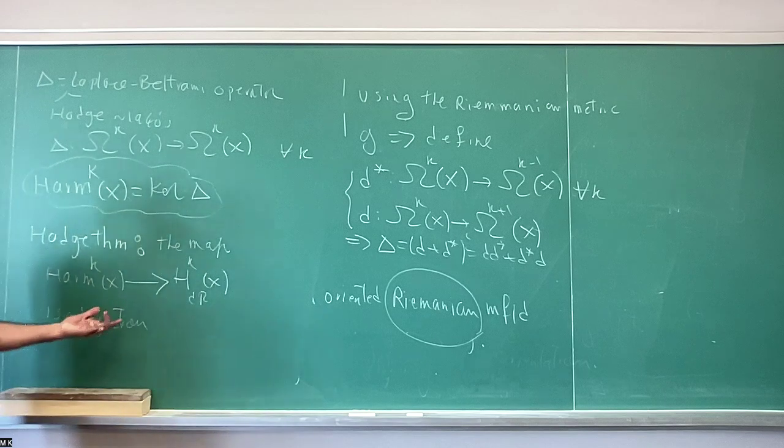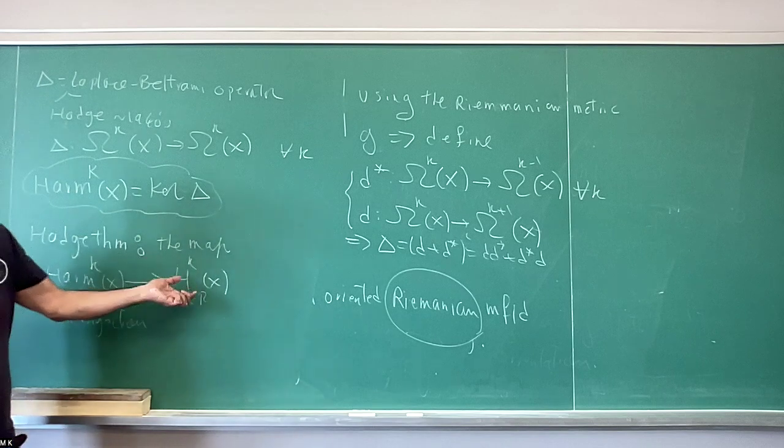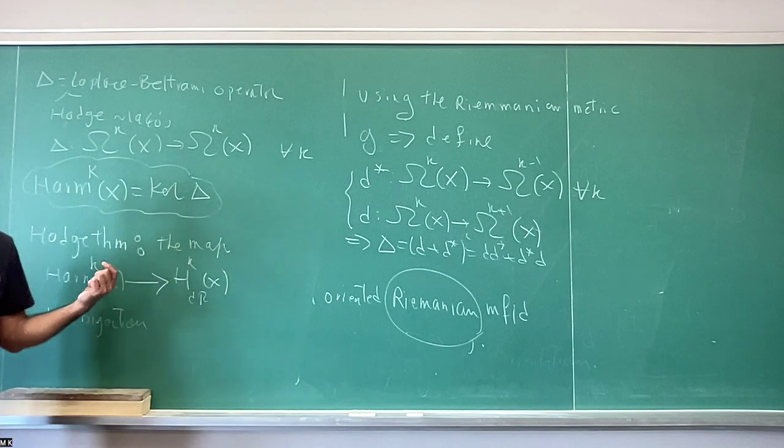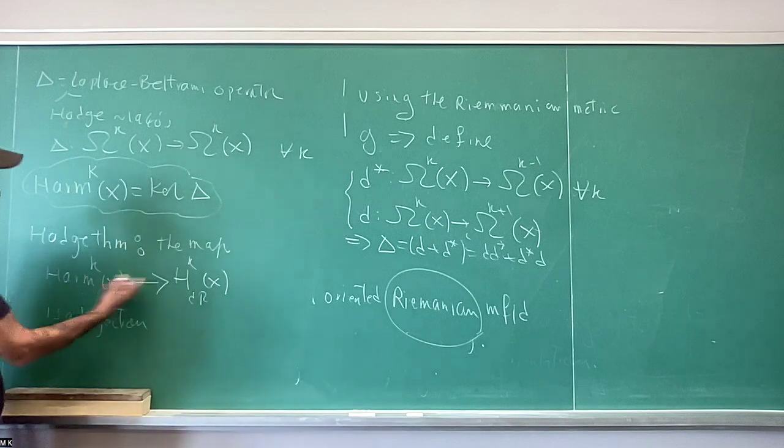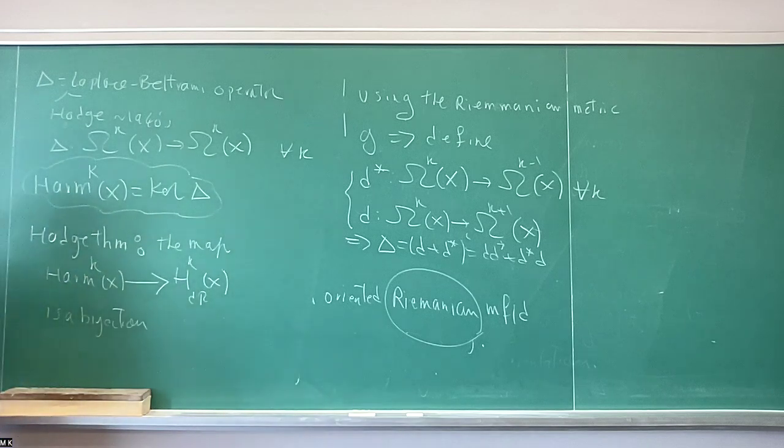So this basically means that for any cohomology class, there exists a unique harmonic form that represents that class. In the case of Riemann surfaces, this actually goes back to Riemann. Riemann proved this using his methods.